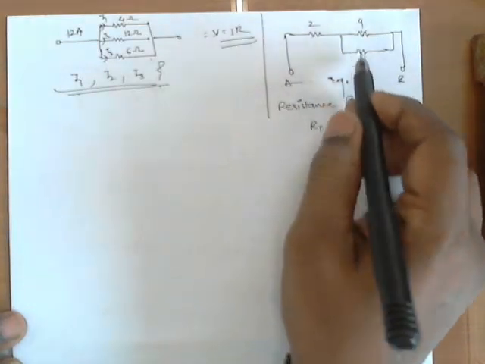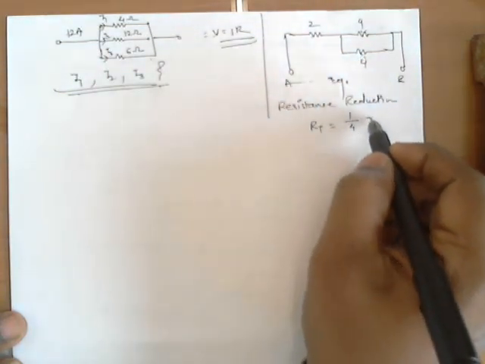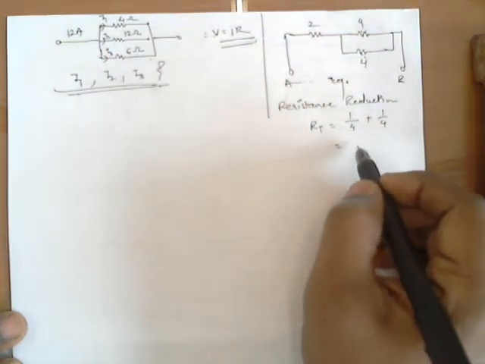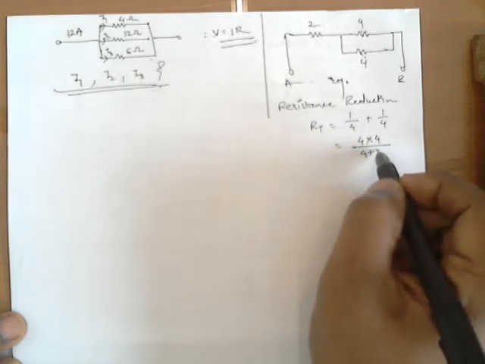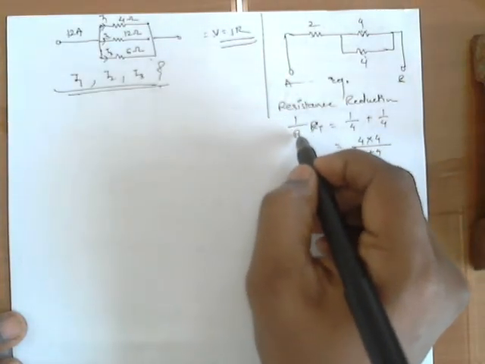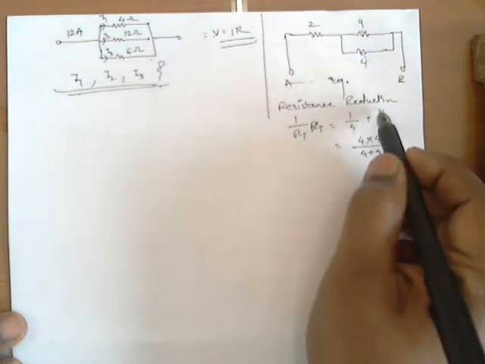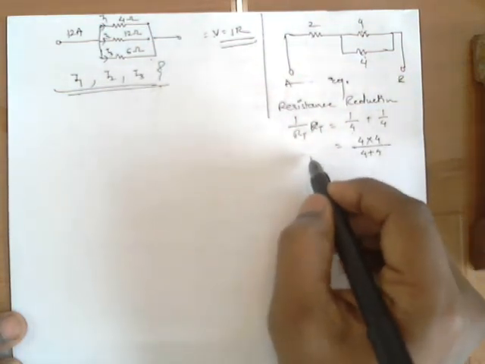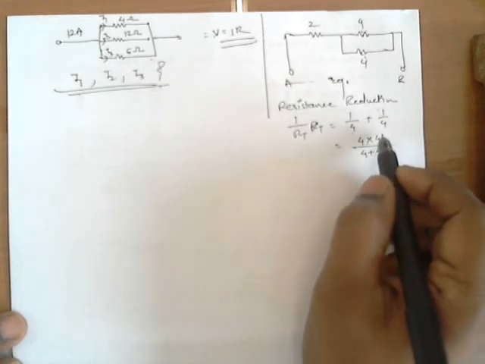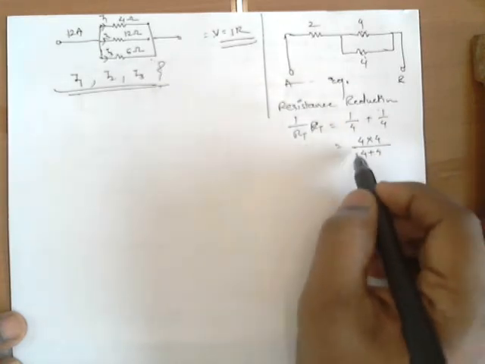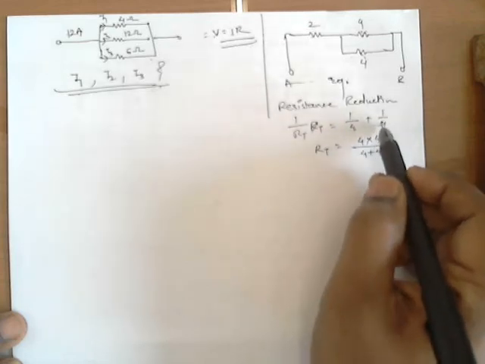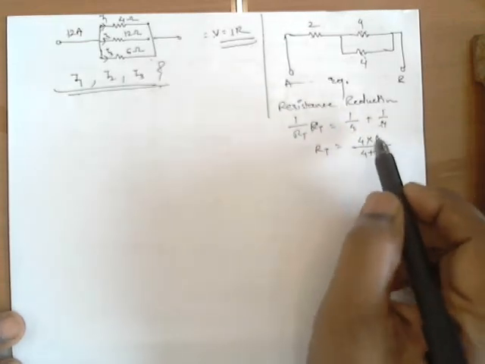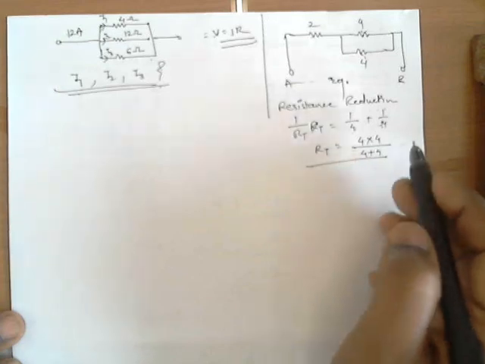RT equals... So 1 by RT equals 1 by 4 plus 1 by 4, which means 4 multiplied by 4 divided by 4 plus 4. If I invert it, you will get this.